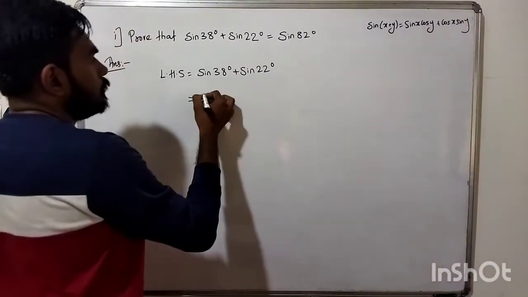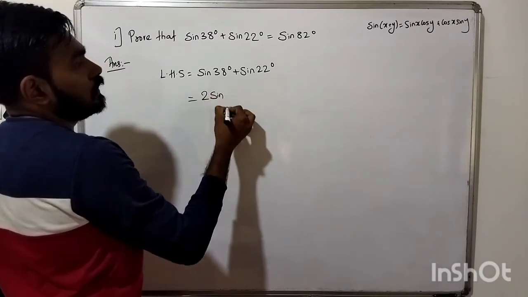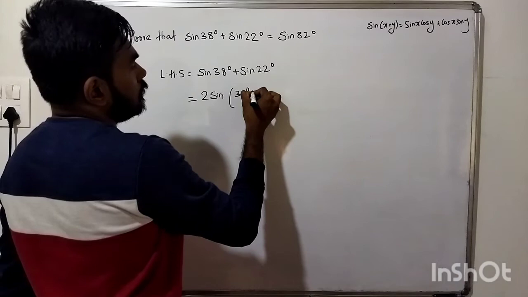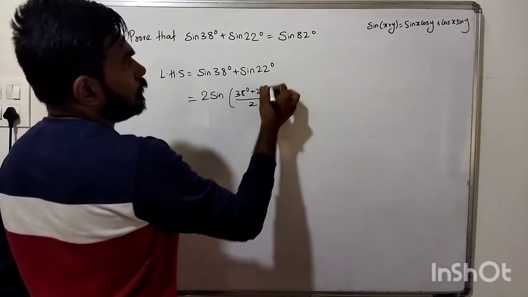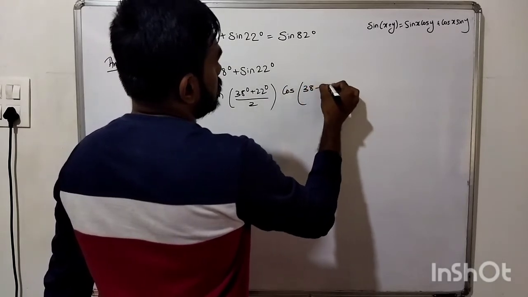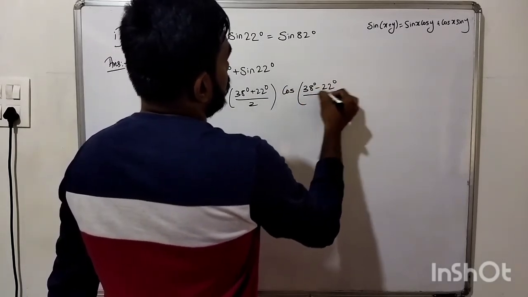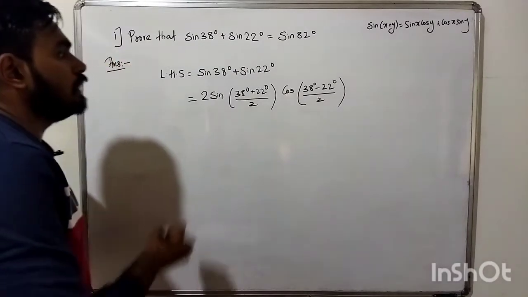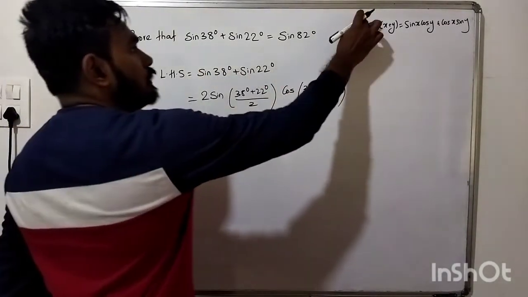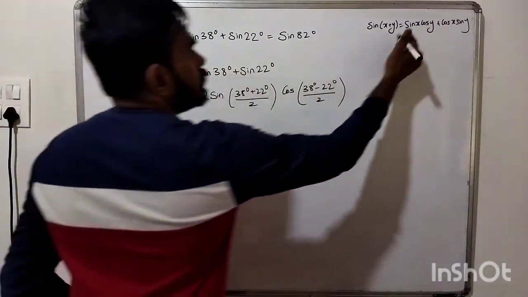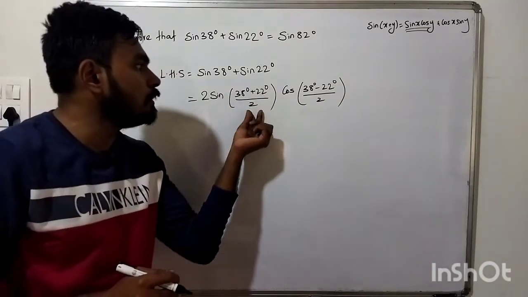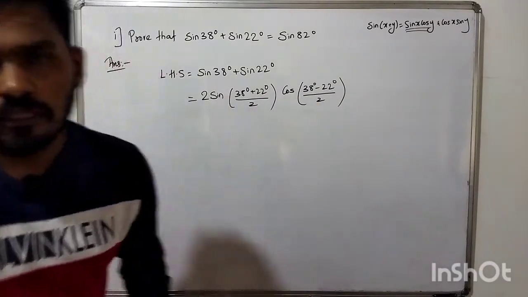So what we'll get is 2 sine of 38 plus 22 upon 2 and cos of 38 minus 22 upon 2, correct? See how this came: sine of x plus sine of y. Whenever there is sine and there is plus, you have to take this, so sine cos, and the remaining things are like this, a plus b upon 2, a minus b upon 2.